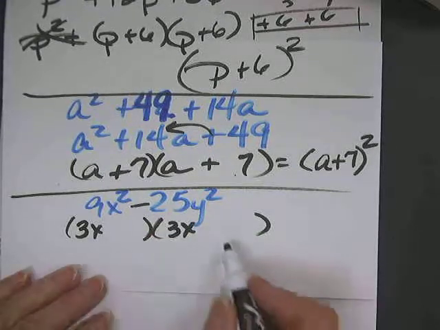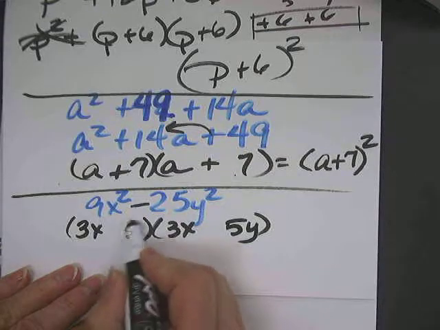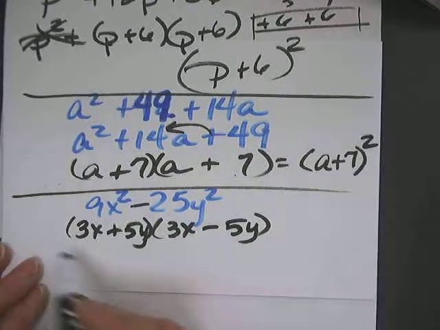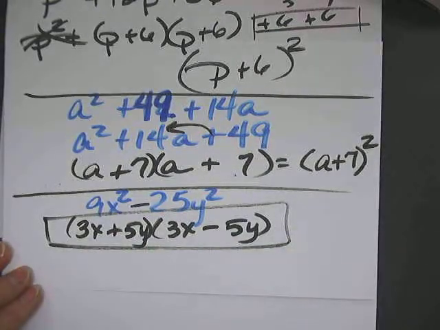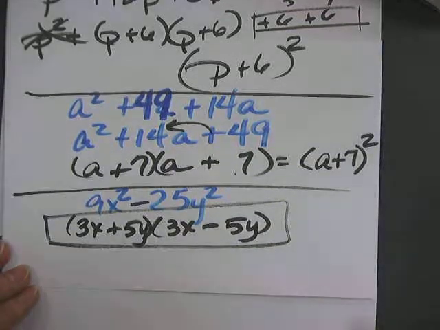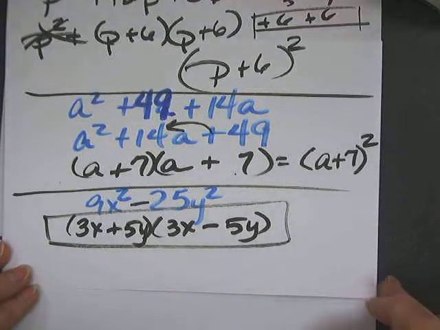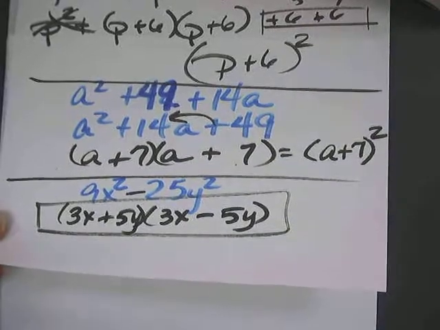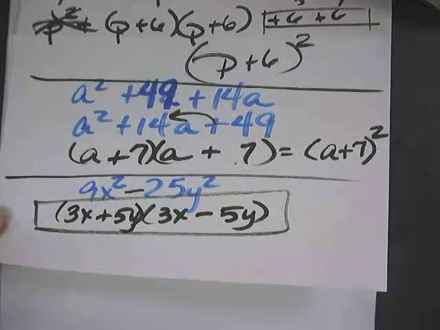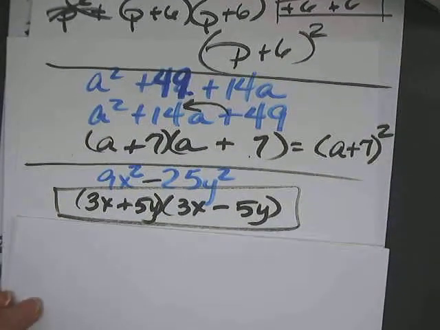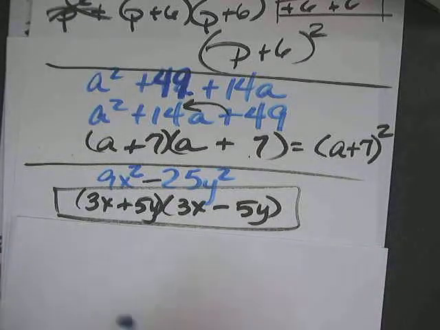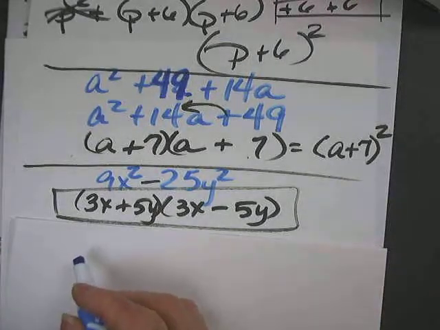Is there a common factor? No. Difference of squares. Okay, two terms, difference of squares. Is that a difference of squares? Yeah. 3x and 3x. What's this going to give us? 5y and 5y, plus and minus. Can't rewrite that any simpler.